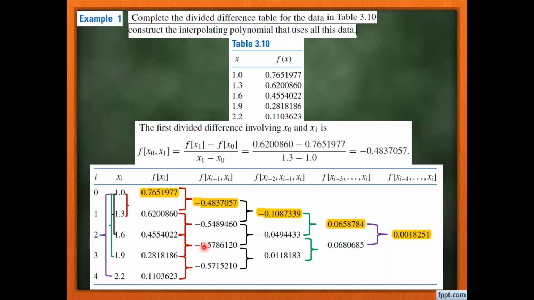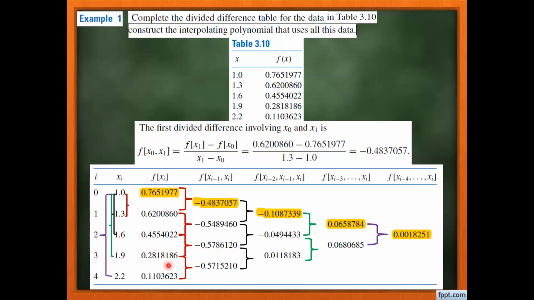Coming to the next value, I will take 0.281 minus 0.454 divided by 1.9 minus 1.6. After division, we will get this value.